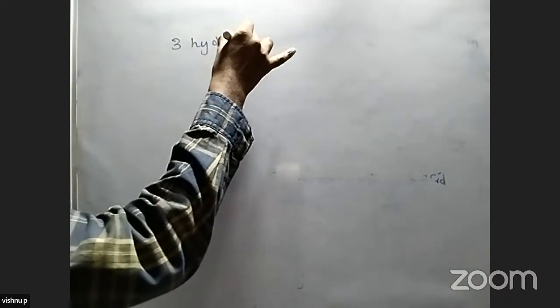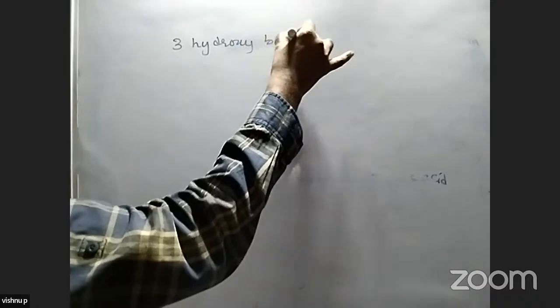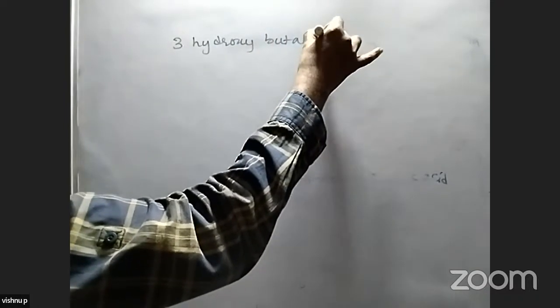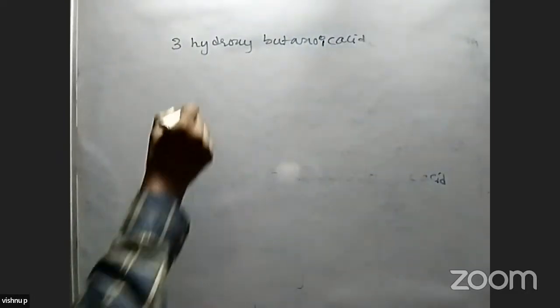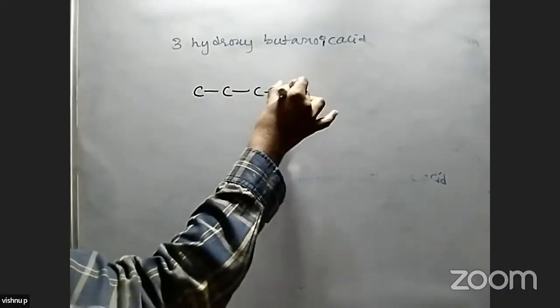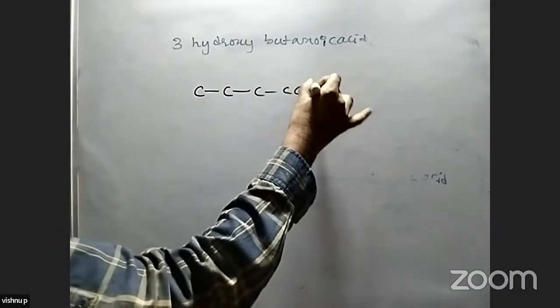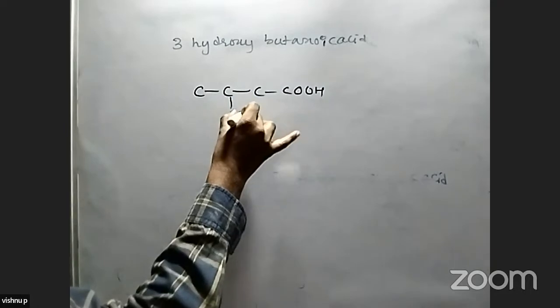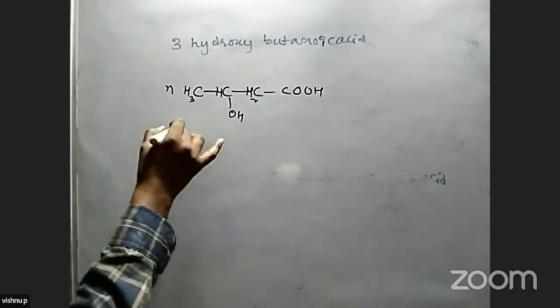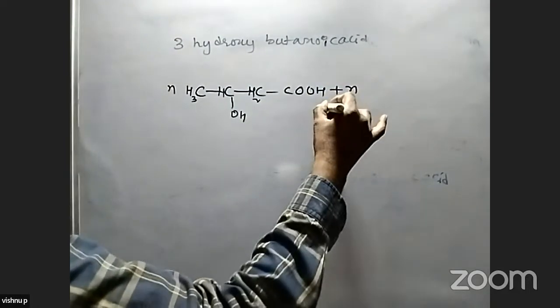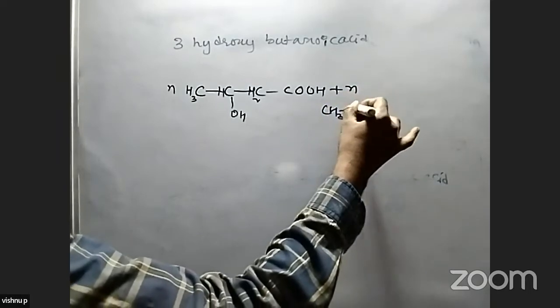First we start with 3-hydroxy butanoic acid. But means 4 carbons are present here. This is the COOH group and this is the OH group. This is CH3, CH, CH2, n number. This is polymerized with n number of 3-hydroxy pentanoic acid.